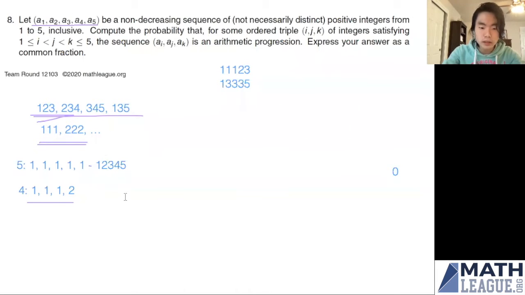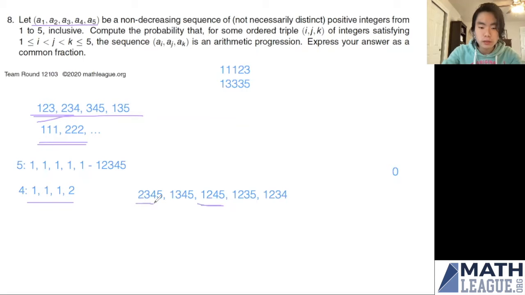And here it's easy to list out all the possible non-decreasing sequences of 4 distinct numbers. We have 2, 3, 4, 5; 1, 3, 4, 5; 1, 2, 4, 5; 1, 2, 3, 5; and 1, 2, 3, 4. And note that only one of these, 1, 2, 4, 5, does not contain an arithmetic progression.